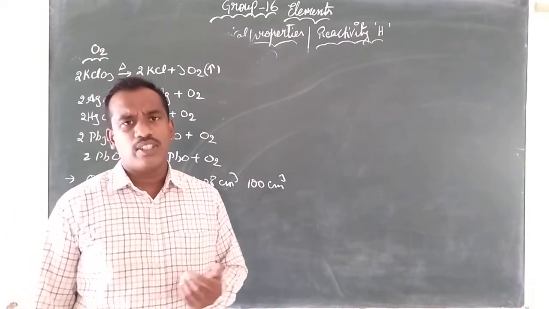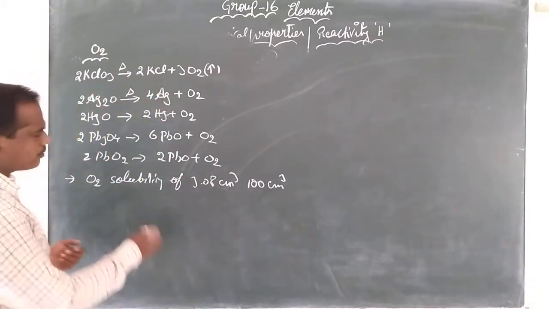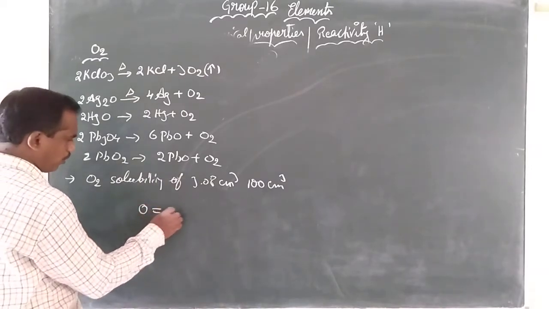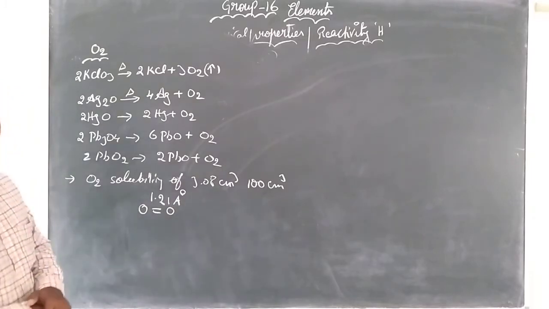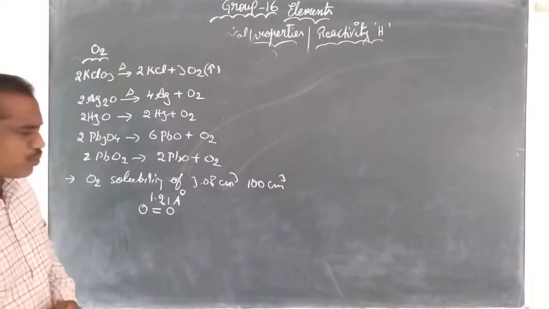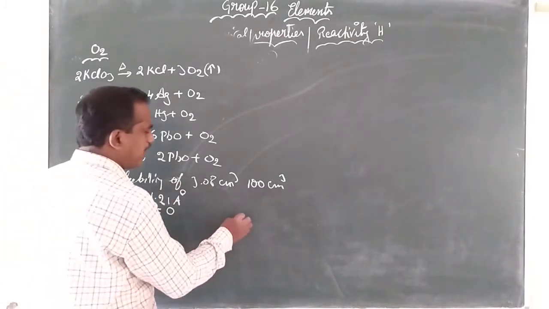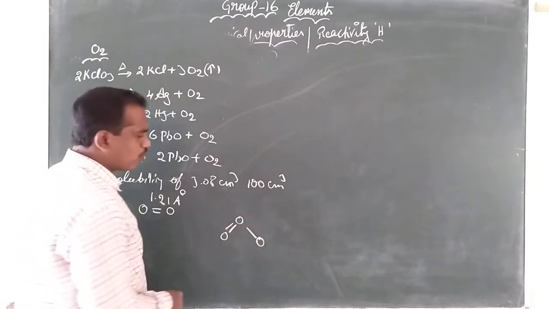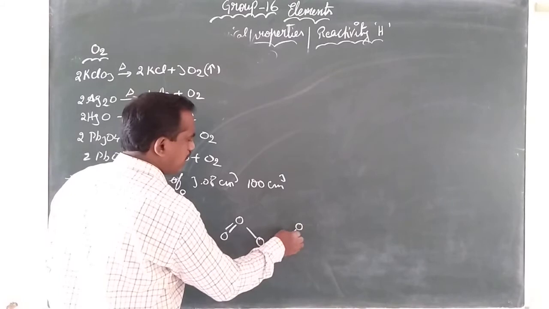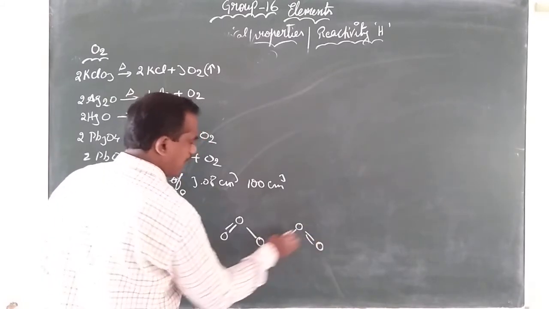Coming for this oxygen, we can see the O2 molecule. The bond length here is around 1.21 angstroms. Excellent, there is a comparative study with ozone and the oxygen. Generally this ozone occurs in 2 isomers.